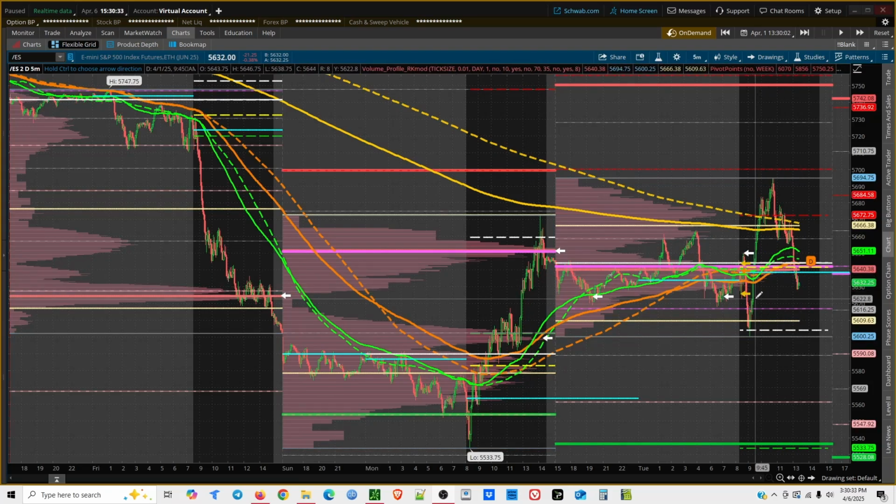And on this day, you will see that it did bounce on that POC from 2 days ago right here, where it had also interacted a couple of times in the overnight session. It ran up to where POC was the previous day and reversed. And then it came down to this area right here and bounced.